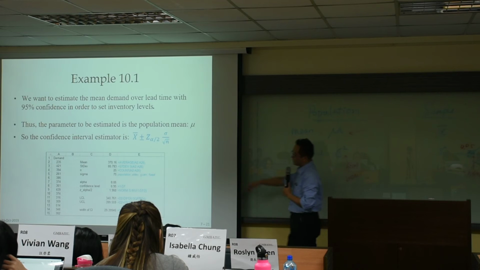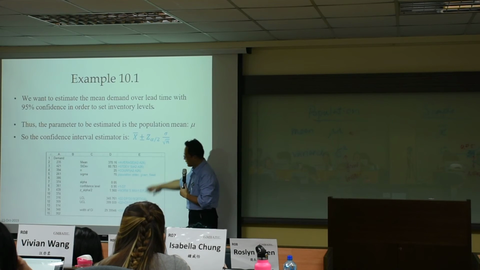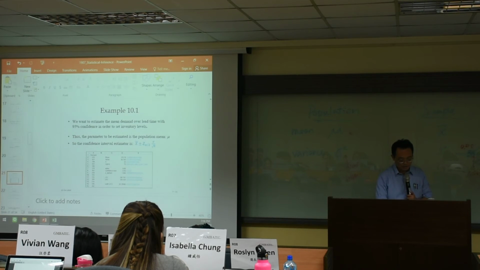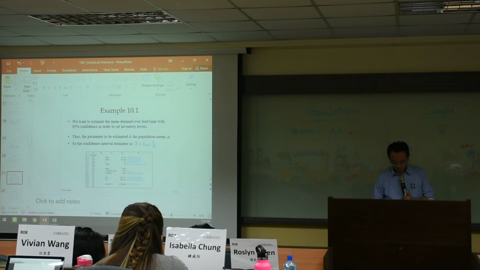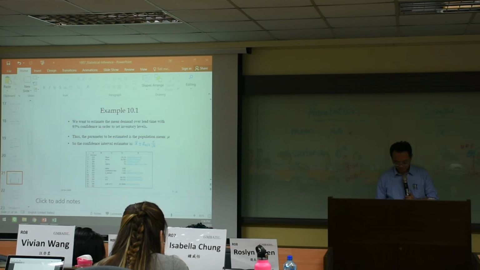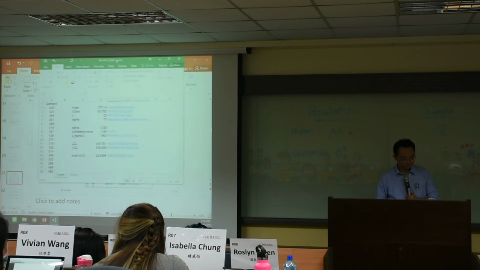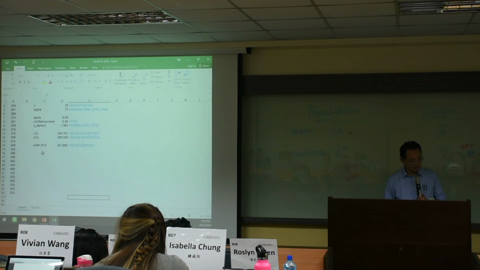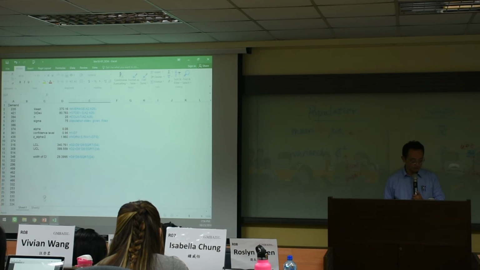Actually, the data I gave you will complete the calculations. So let's look at this example from Excel quickly. On column A you have 25 observations, which is the same as the slides.